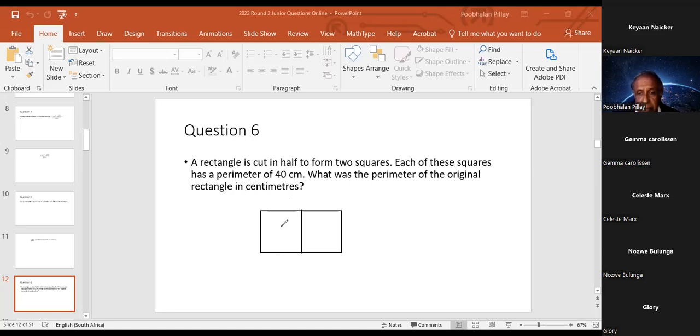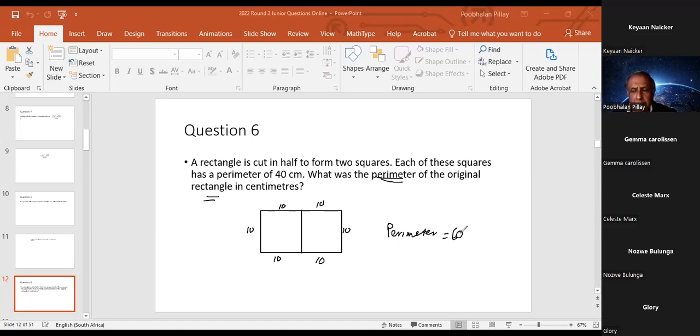So each of them must have been 10. So all these sides are 10. Now this is cut in half, so these squares are exactly the same. So the question is, what is the perimeter of the original rectangle? So you need to work out what the boundary length is. And it's clear, you can just simply add up all these 6 tens and you'll get 60.